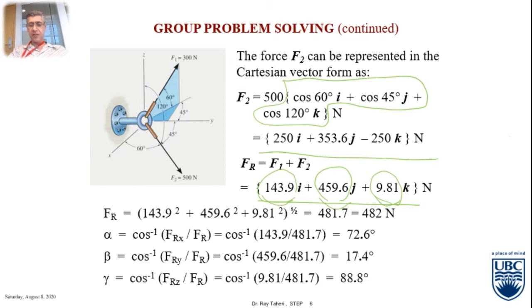As you can see here, these are the values. The magnitude is 481.7, and these are the values that we have. So you can see, because all of them are positive, the resultant has all positive angles, between 0 and 90 degrees. So that's a little bit more complex than the previous question.